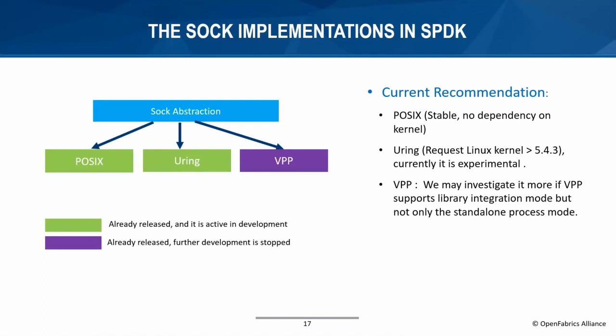But if you want to see much better performance, you can use the IO URING socket implementation, but it requires some dependency for your kernel and IO URING library, and this is experimental since we know that the IO URING development is still in progress, and we will see great improvement for IO URING in the future.